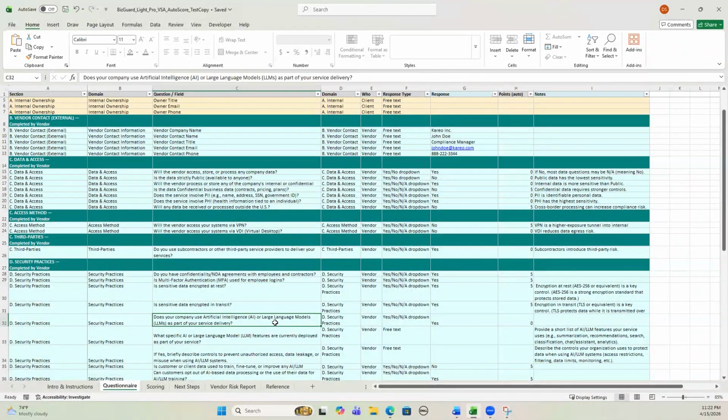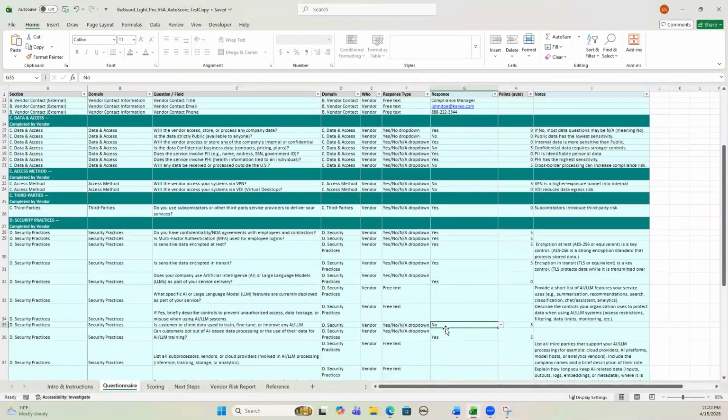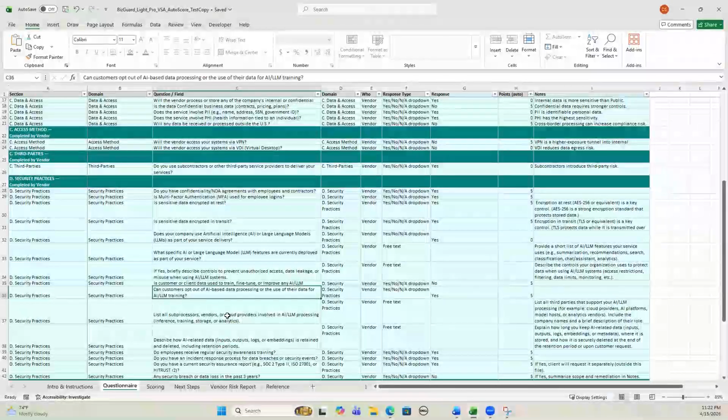They do use AI, large language models, as part of their service delivery. So I would say yes here, but the client data is not used to train the LLM. And then we say that customers can opt out from AI-based data processing.